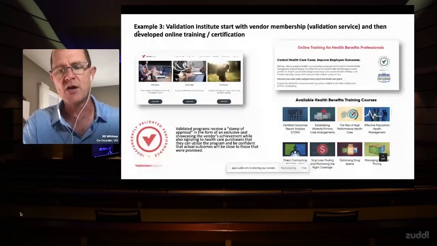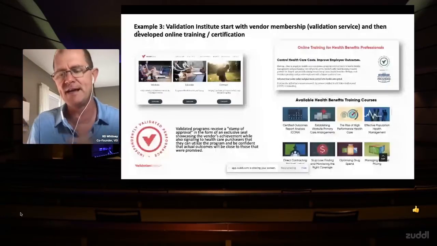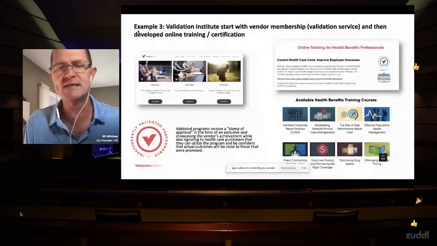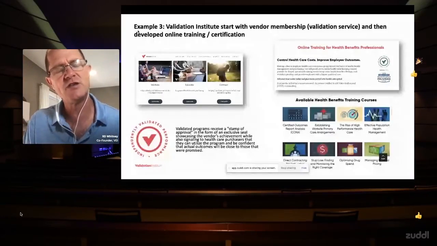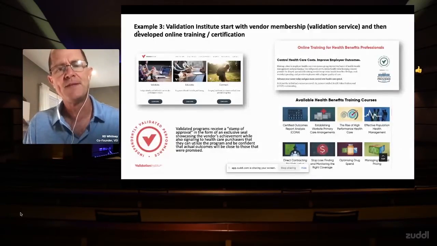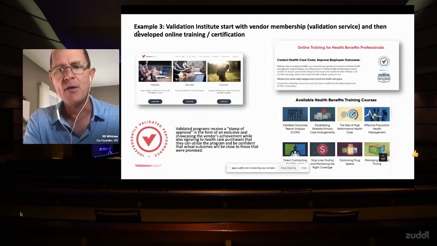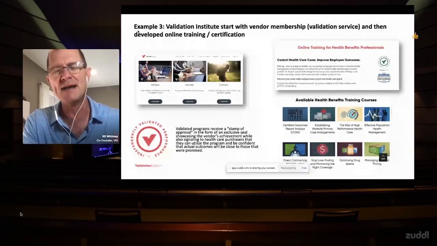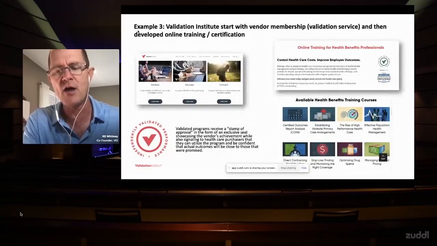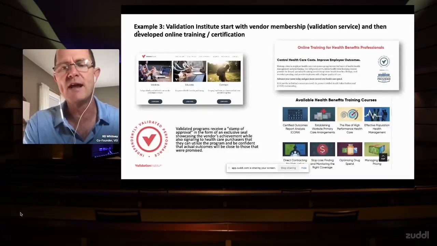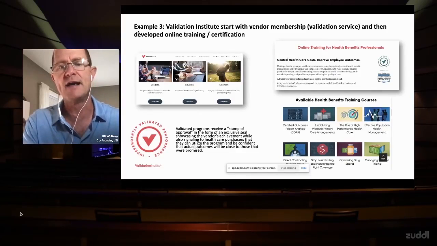So the vendors were making marketing claims. So why couldn't we get a data scientist, understand what the intervention was behind that marketing claim, and then validate that vendor for the benefit of the buyer, which was great and very well received. But what we really realized was that the buy side could be helped by bringing peers together and creating consistent online learning around the topics of buying.